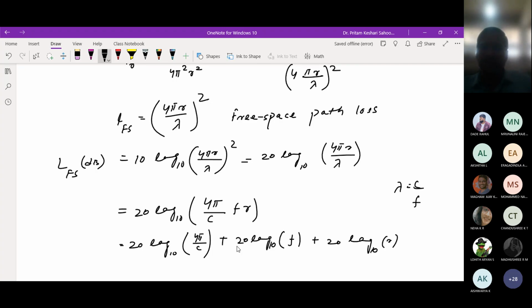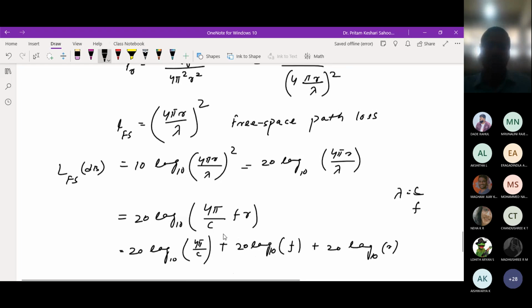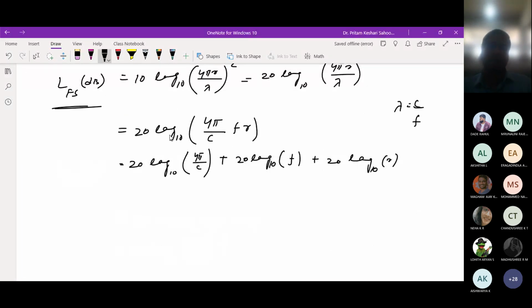So that implies the free space path loss increases with increase in frequency and increase in distance. That means if we are using a high frequency, then the path loss will be higher.